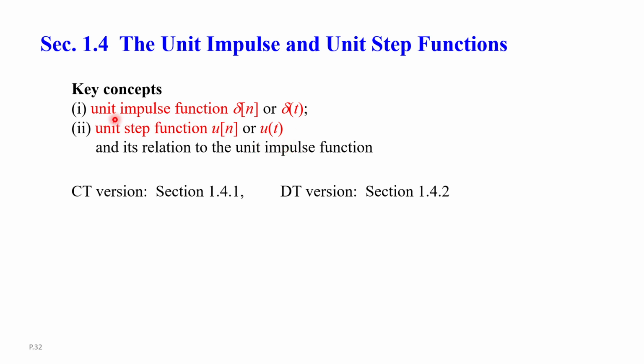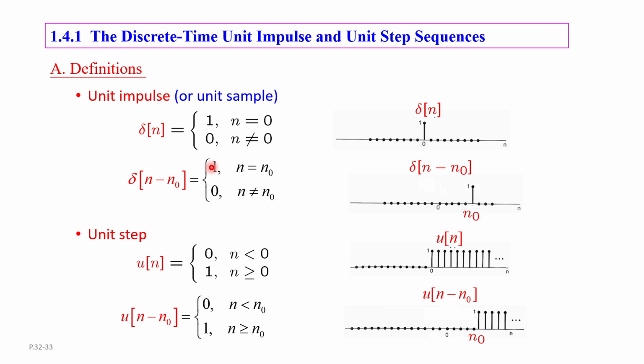So remember the name unit impulse function, also the symbol delta of n or delta of t. Obviously this is for discrete time, this is for continuous time. Also the unit step function, u of n and u of t. Okay. So you need to memorize the names. To help you memorize that, we're actually going to see what they are.